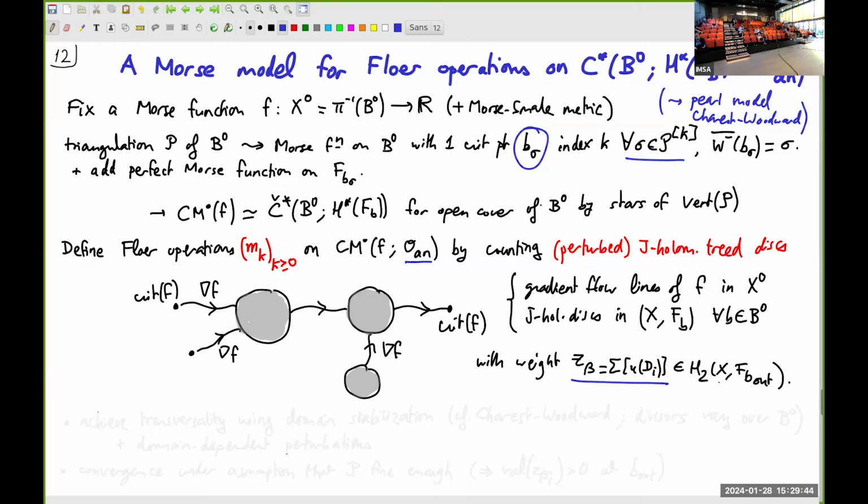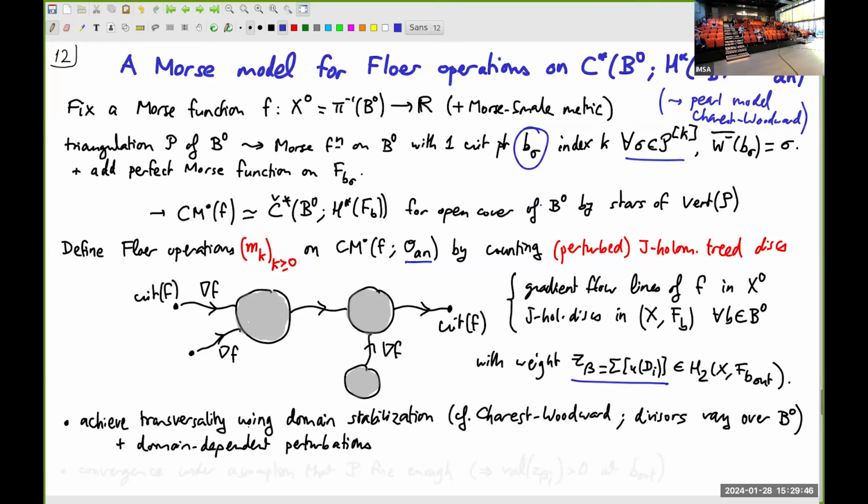So there's several problems with this. First, most pressing one is how do we achieve transversality? And the basic answer is in terms of transversality for holomorphic disks, there's an approach explained in Charest and Woodward, and before that goes back to Cieliebak and Mohnke for closed Gromov-Witten theory.